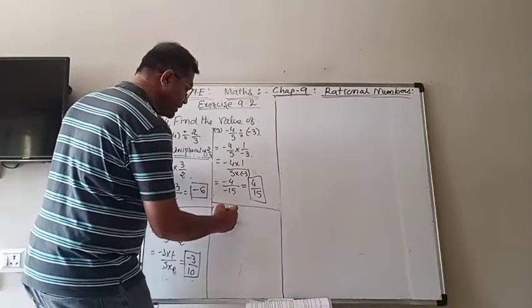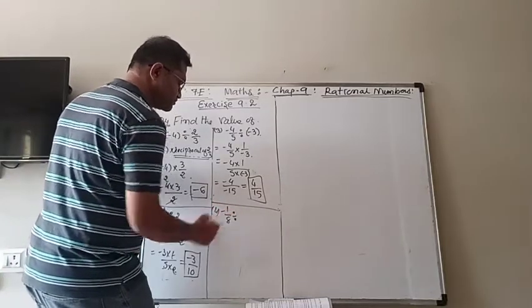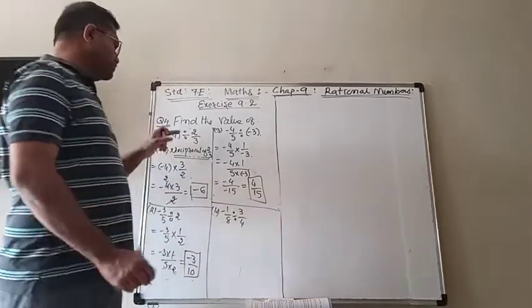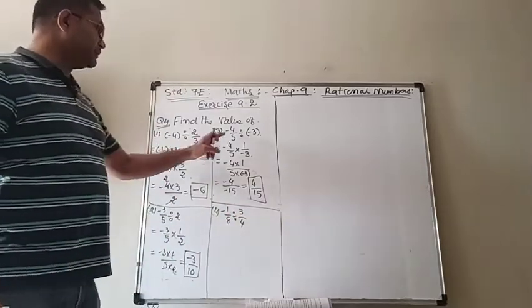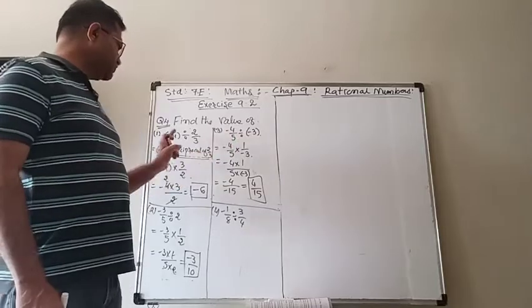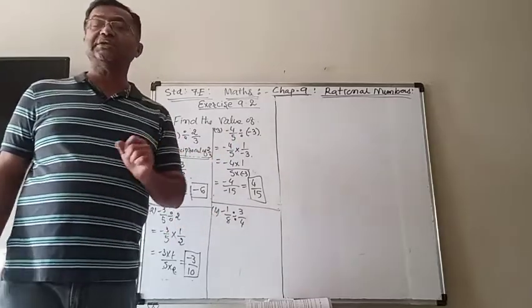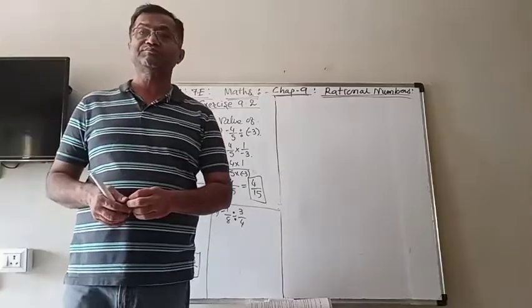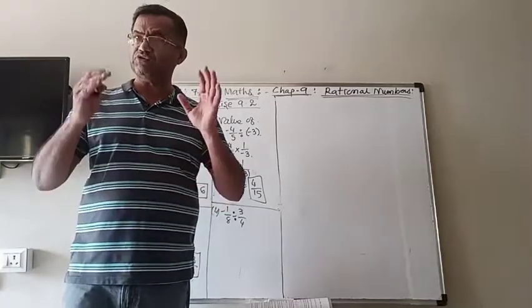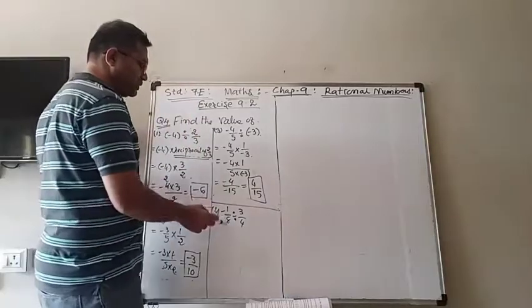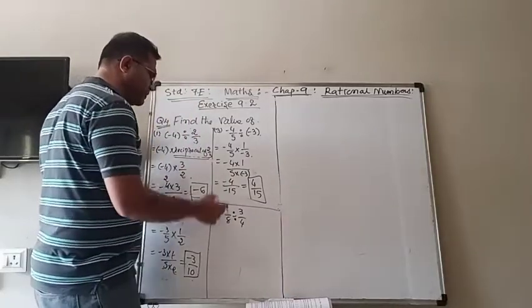Fourth one is minus 1 upon 8 divided by 3 upon 4. Up to now we saw that one of them was a rational number, the other was an integer. But now here both the numbers are rational numbers. In this situation also we have to follow the same rule. But be careful, don't write down the reciprocal of the first number.